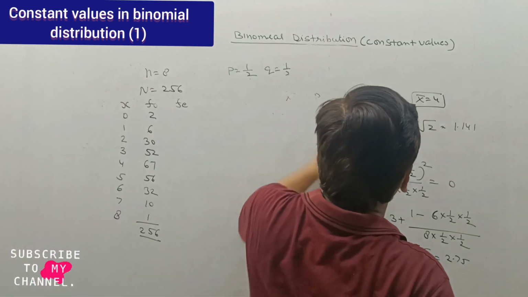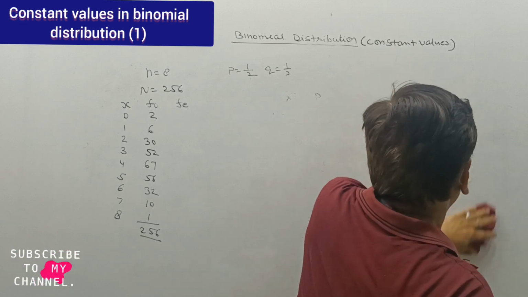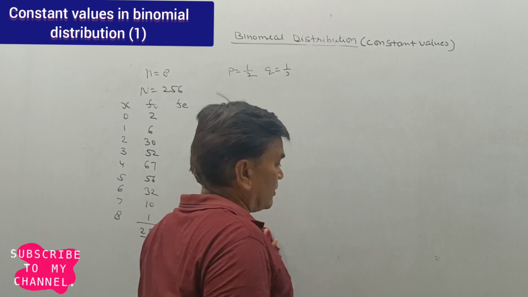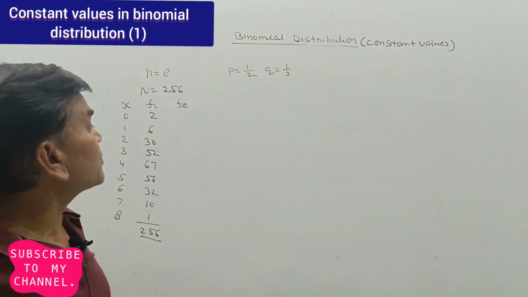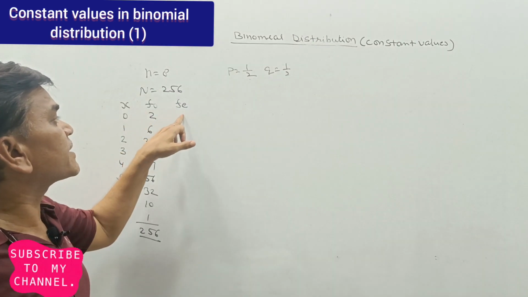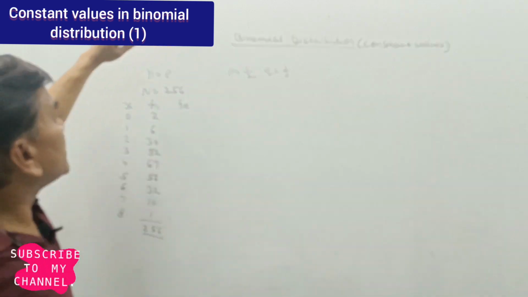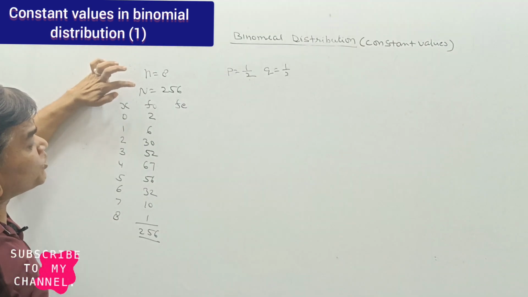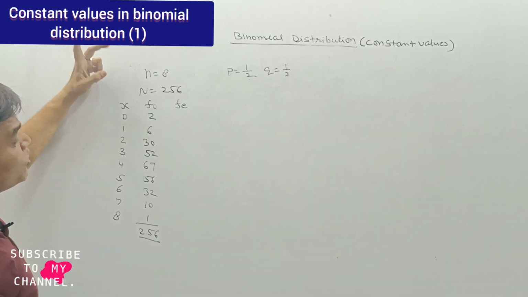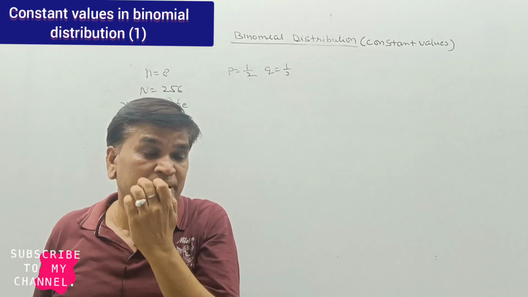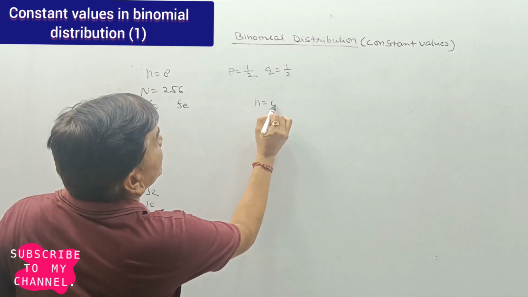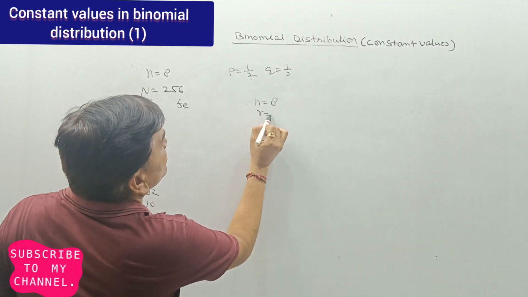Now if we are to calculate the estimated frequency, suppose we are to calculate the chi-square test between original frequency and estimated frequency. So this is the original frequency. We have tossed 8 coins 256 times. 2 times we get all heads, but here we are having n equal to 8 and r equal to 8.